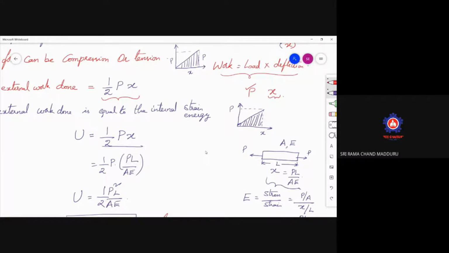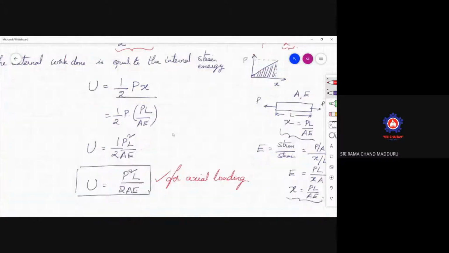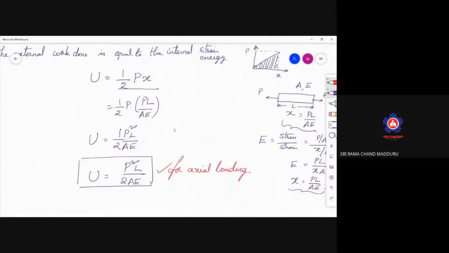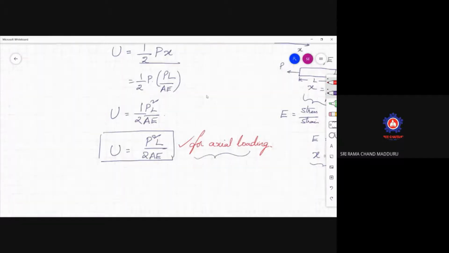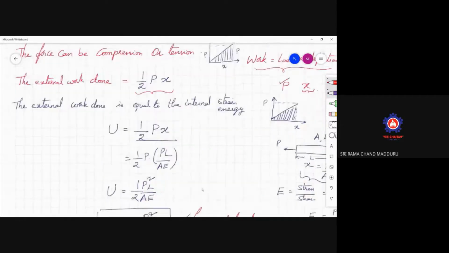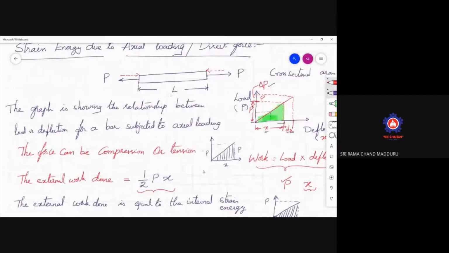If you substitute it, you get the strain energy U as P squared L by 2AE for axial loading. So in case of axial loading, the strain energy stored is P square L by 2AE. This is when the cross section of the bar is uniform. Along the length of the bar, the area is capital A.